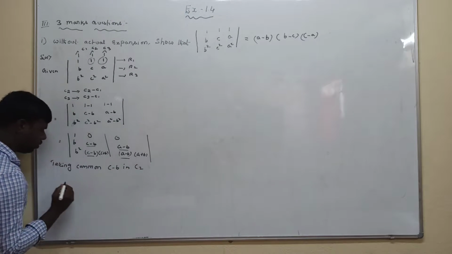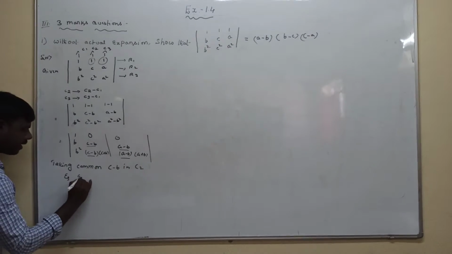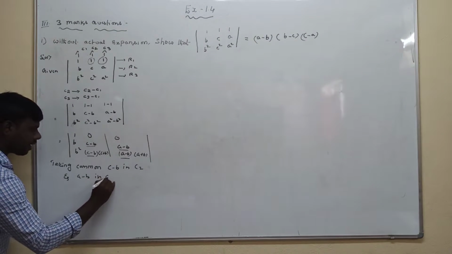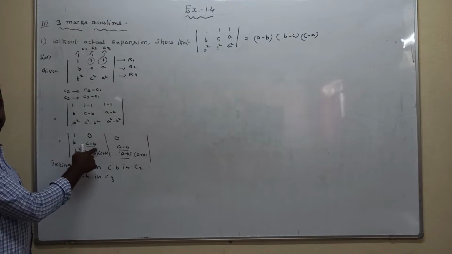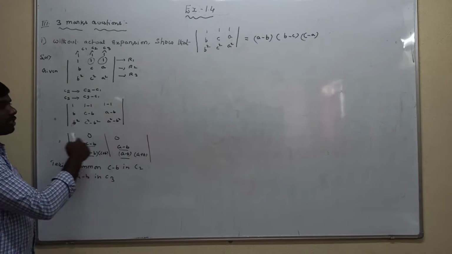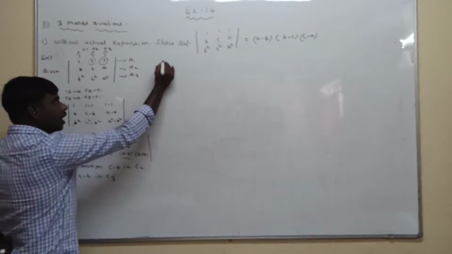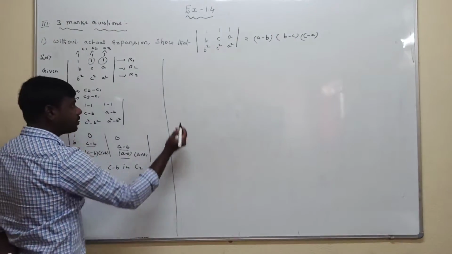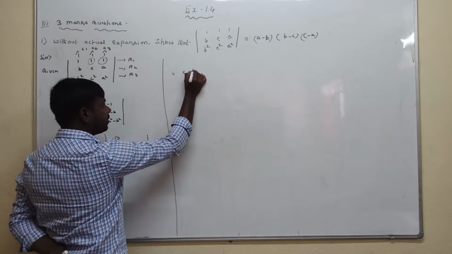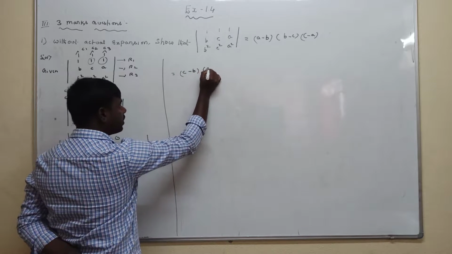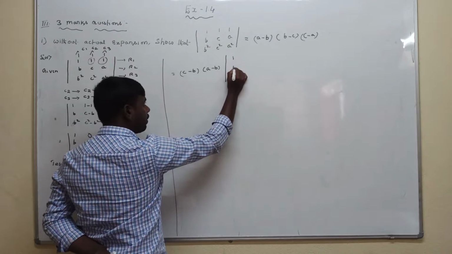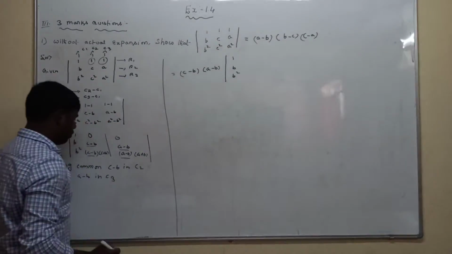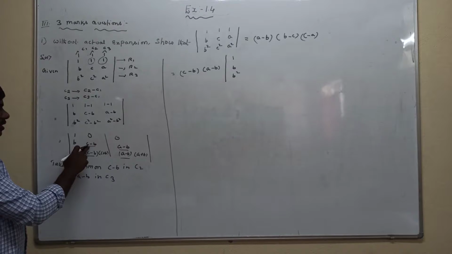In the third column the common element is a minus b. So we take the common elements outside: c minus b from column 2 and a minus b from column 3. The first column is 1, 0, b square.